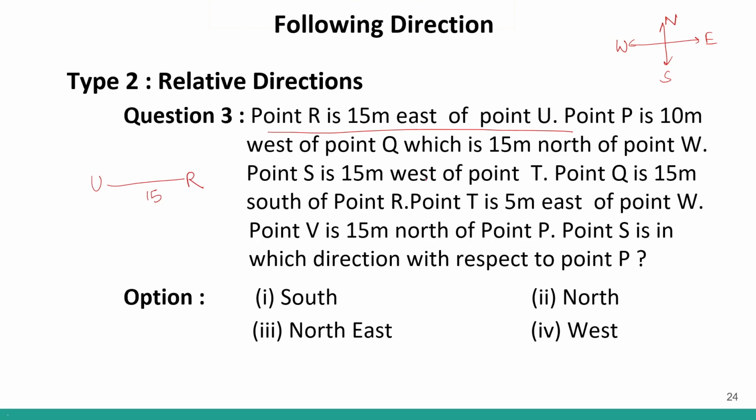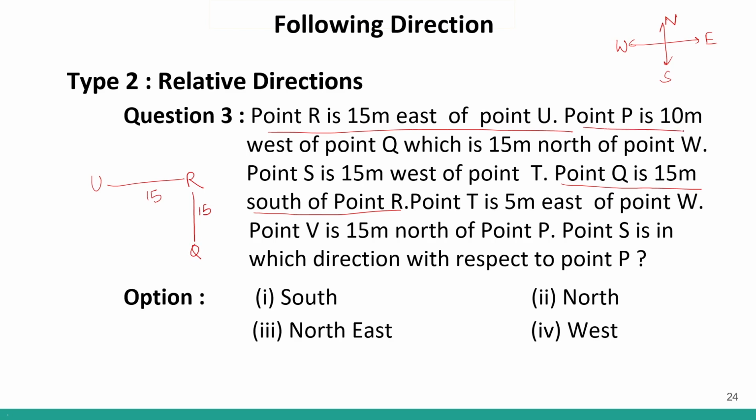Let us move on. Point S is 15 meter west of point T. Again, we cannot use this information right now. Point Q is, okay, this information we can use. Point Q is 15 meter south of point R. So here, this is point Q.